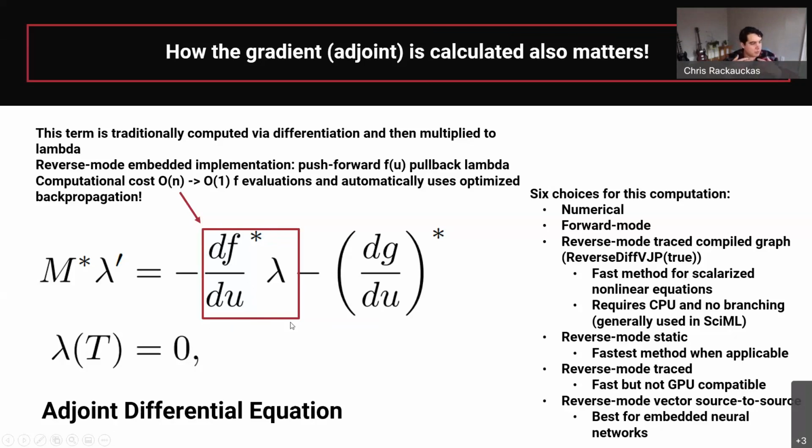And that's a trick that people use in the reverse mode automatic differentiation literature, which means that even when I write down this lambda equation, there are many different ways to compute this, where computing the full Jacobian with numerical differentiation or something is very, very suboptimal in comparison to any of the reverse mode based approaches. But each of the reverse mode based approaches has all the trade-offs of reverse mode AD. So some will be better when you have GPU, some will be better when you have operations that are nonlinear, in all sorts of different cases.